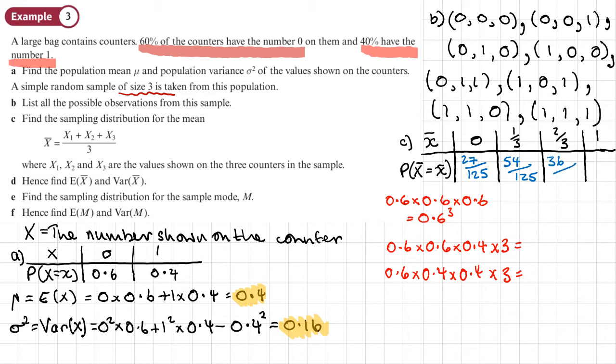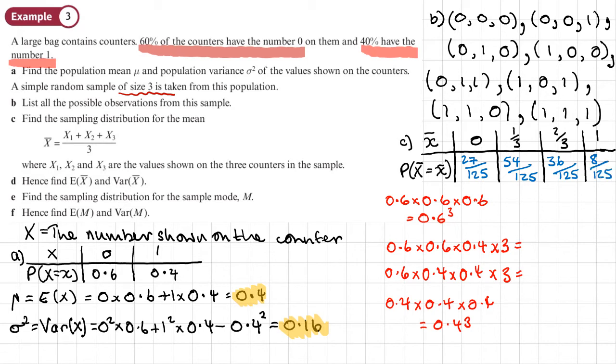And I suppose I could just subtract these all from 1 to work out the remaining one. But I'm going to get a mean of 1 when all 3 counters come up with a 1 on them. And that's going to happen when we've got 0.4 cubed. And that gives me 8/125.